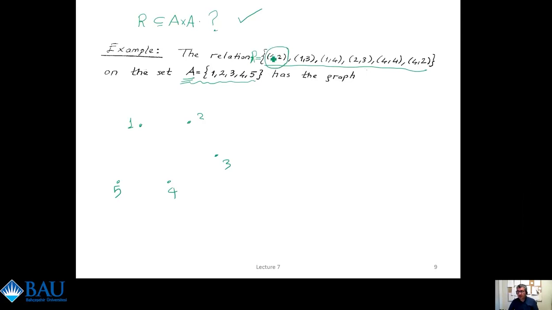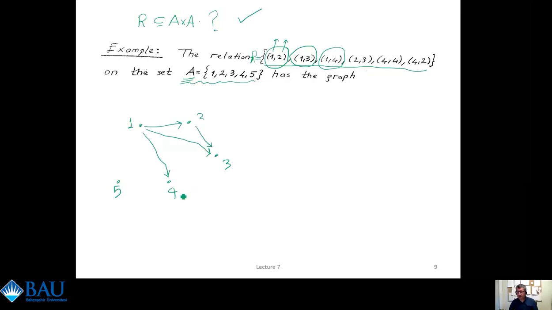For each element of the relation, use 1 arrow. The first is the starting point, the initial point. The second is the terminal point, the end point. So put the arrow from 1 to 2. Next one, 1 goes to 3. Next, 1 goes to 4. Next, 2 goes to 3.